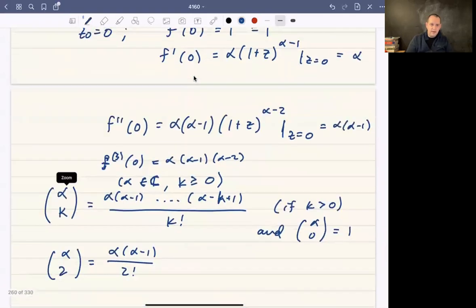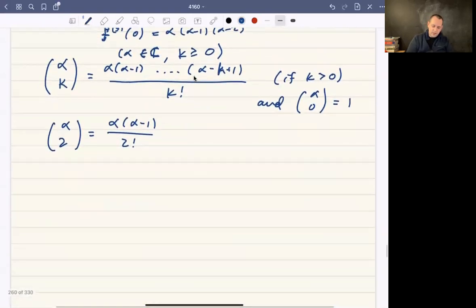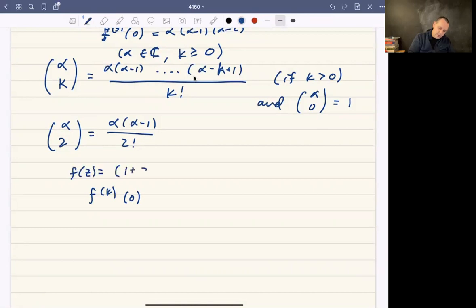And so what's happening here is that these derivatives, so the kth derivative of our function f, remember f was 1 plus z to the alpha, our kth derivative at 0 is going to be, so it's just the numerator here, alpha choose k times k factorial. And therefore, this function is going to have a power series representation as k goes from 0 to infinity.